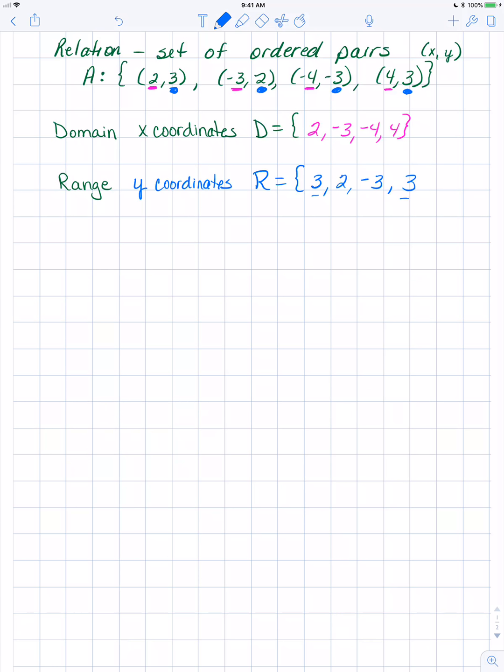Well, notice we have this 3 listed twice, and we do not have to list it twice. We only have to list it once. So we can take that one off and close our brackets, and that is the range for that relation that we were given.